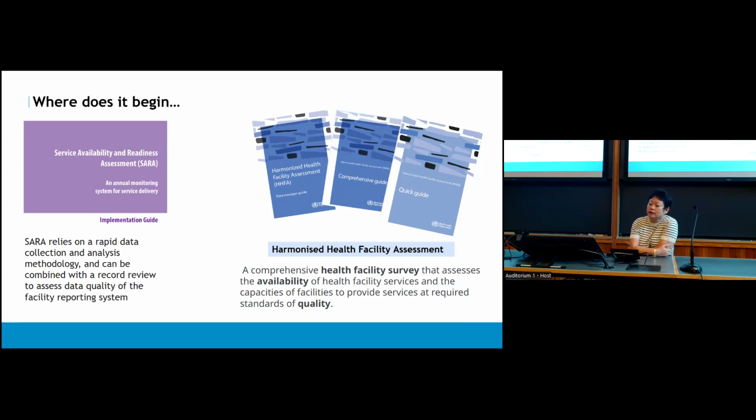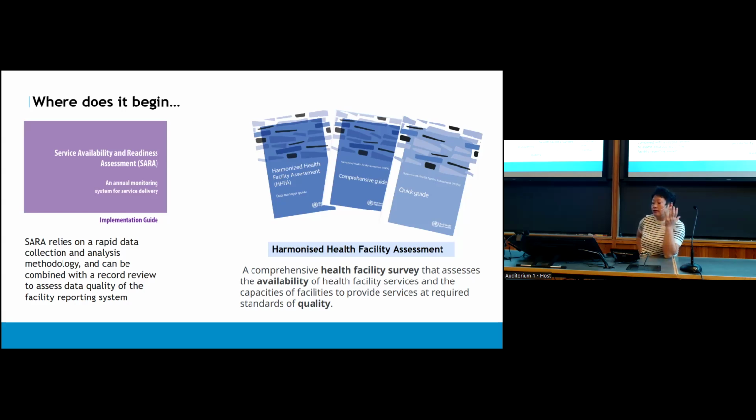Laos was doing what is called the SARA assessment, service availability and readiness, where we look at all the different requirements for a facility to be able to provide the service that it's designated to do. So it's going to be at primary healthcare level and district level.